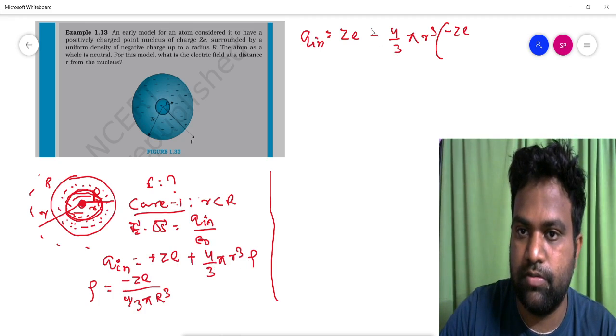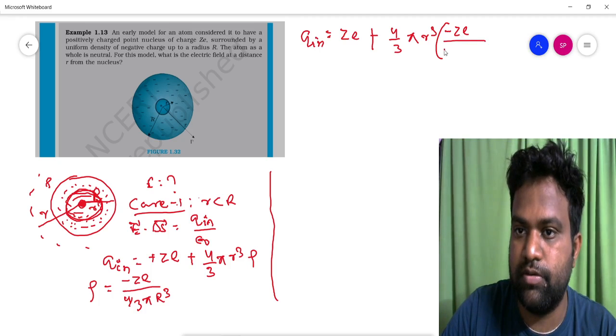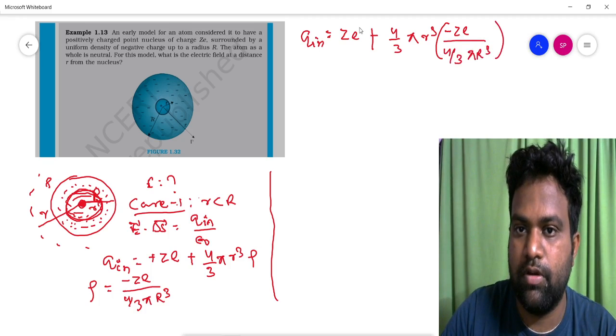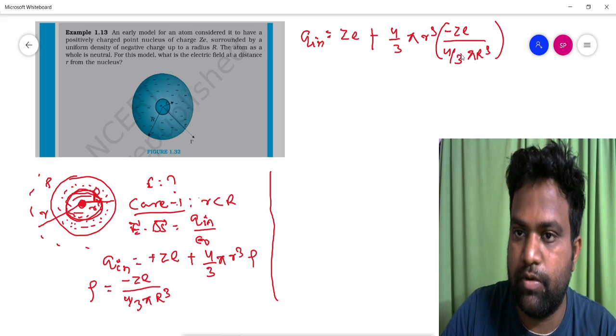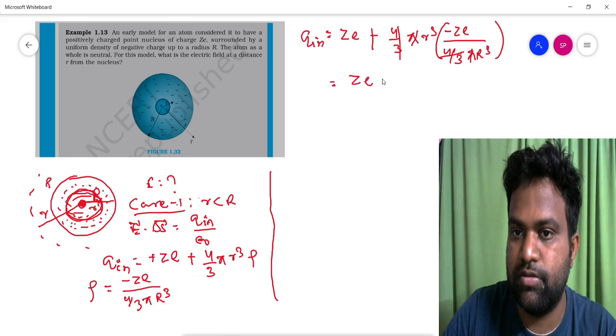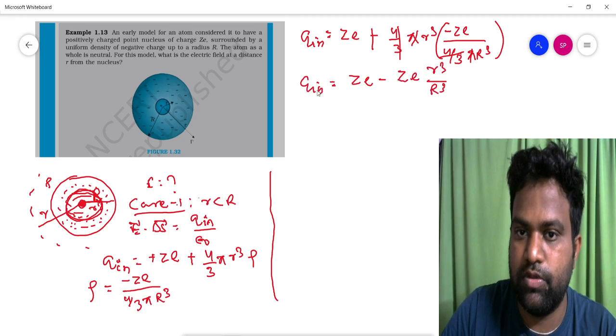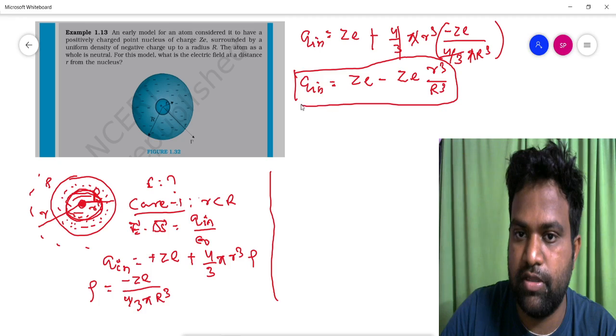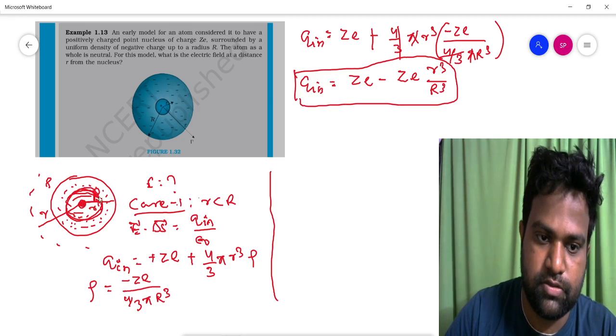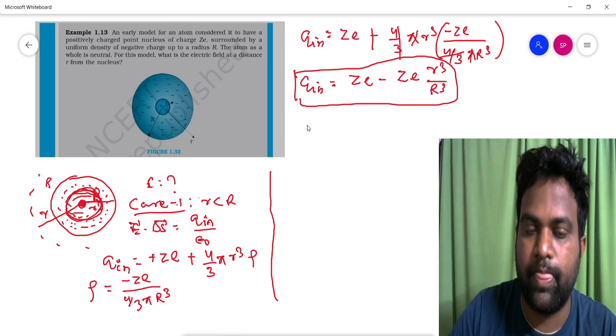So this is your Q inside. 4/3 cancels out, pi cancels out. So you can write Ze minus Ze r cube by R cube is the Q inside, the charge inside the small Gaussian sphere we have drawn.